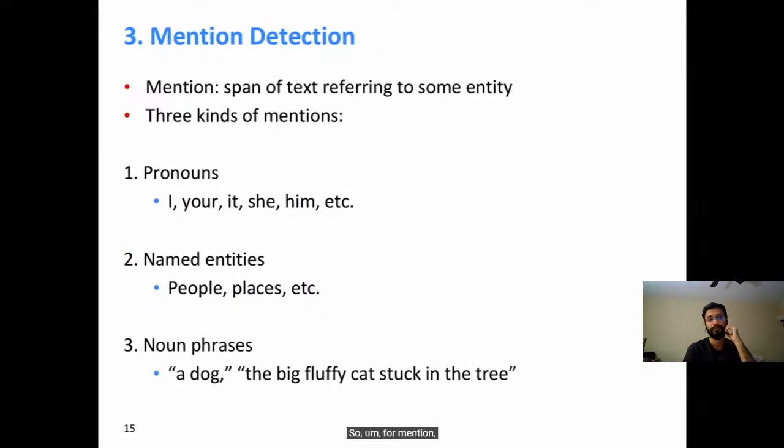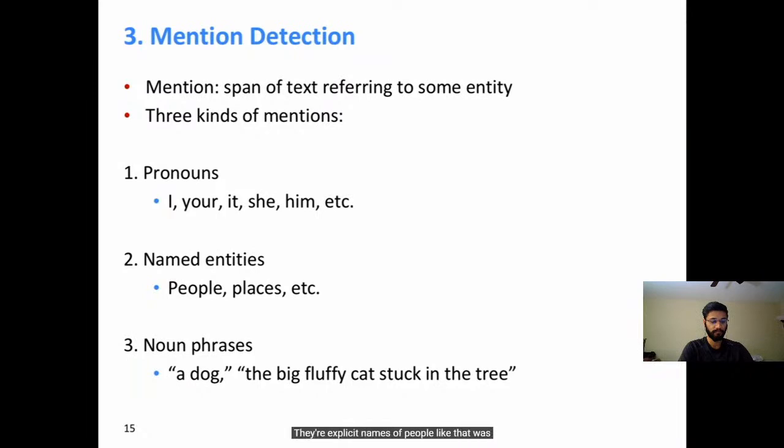For mention detection, we want to find all the spans that are candidates for referring to some entity. And the answer to what these candidates are is basically they're all the noun phrases in the text. Normally people think of there being three types of mentions that we identify. There are pronouns, I, you, he, she, it, etc., that are referring to different entities.